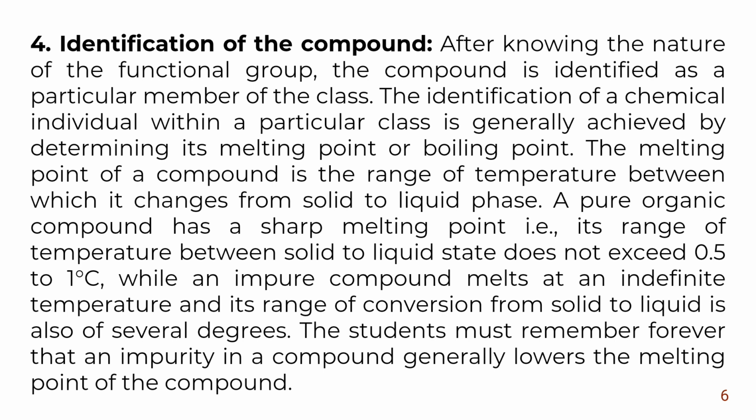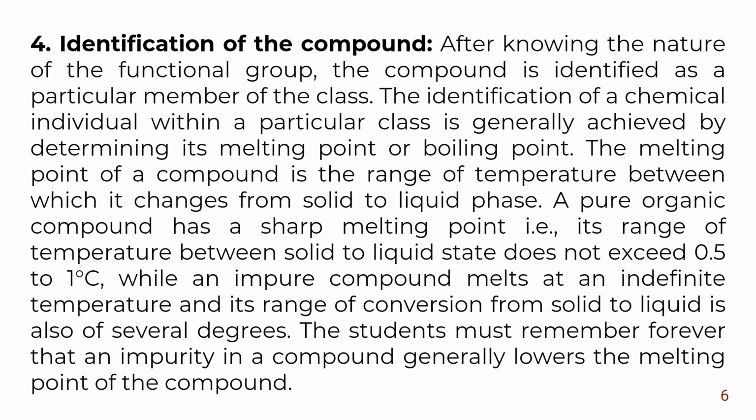4. Identification of the compound. After knowing the nature of the functional group, the compound is identified as a particular member of the class. The identification of a chemical individual within a particular class is generally achieved by determining its melting point or boiling point. The melting point of a compound is the range of temperature between which it changes from solid to liquid phase.